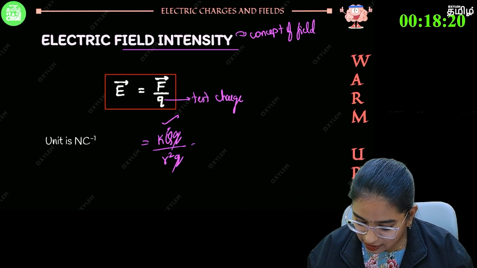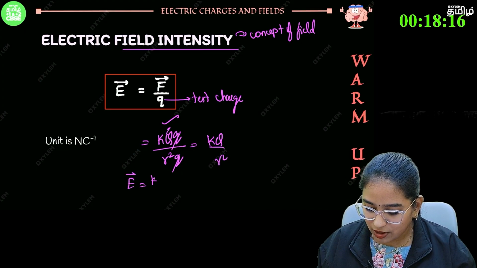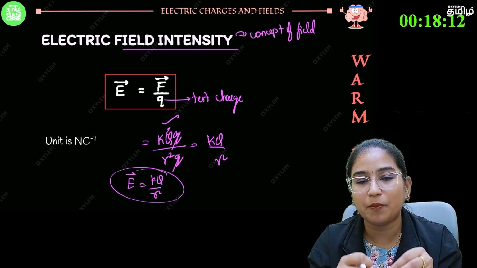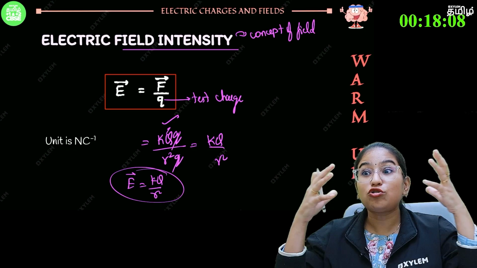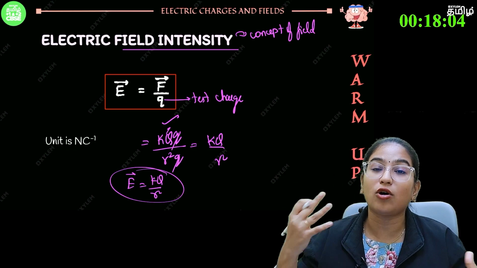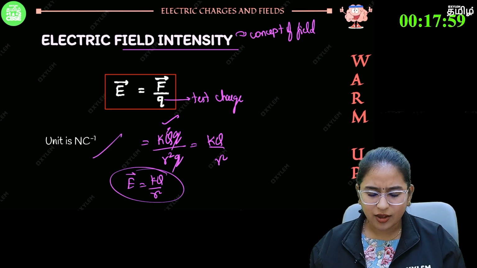I can cancel q and write E equal to KQ divided by r squared. The electric field depends completely on the source charge, the charge where the electric field originates, which is responsible for the electric field.